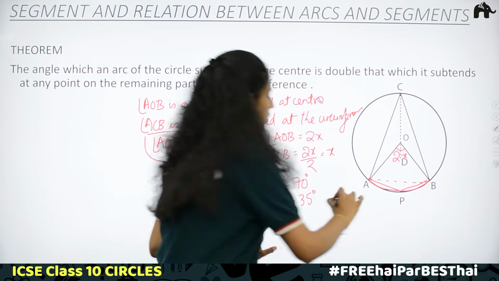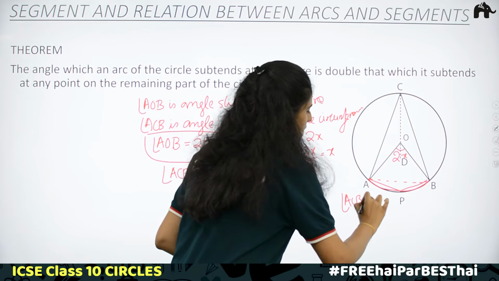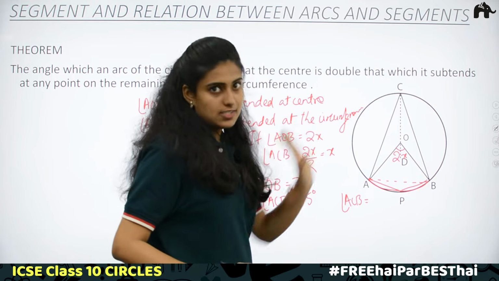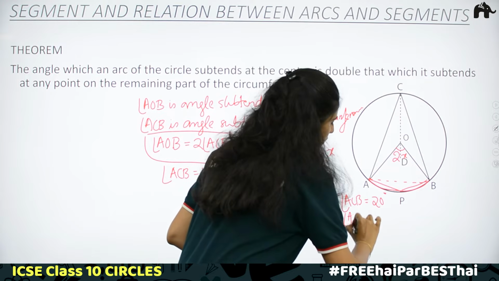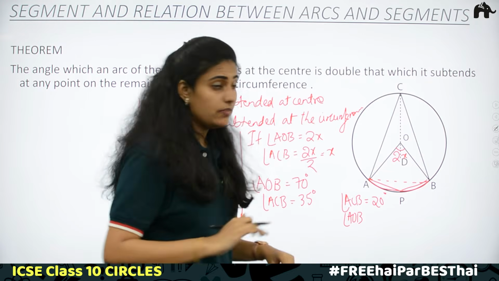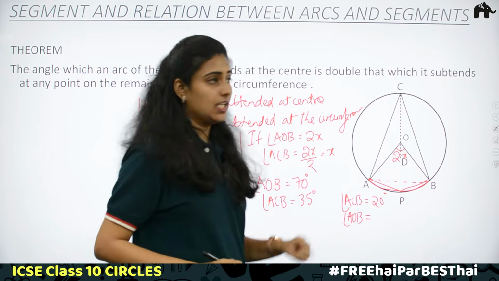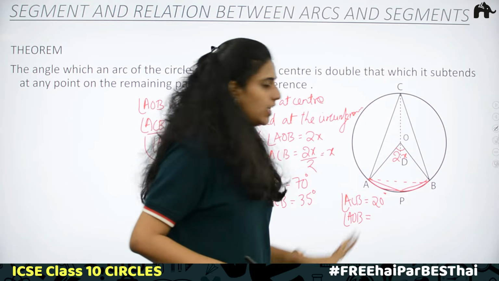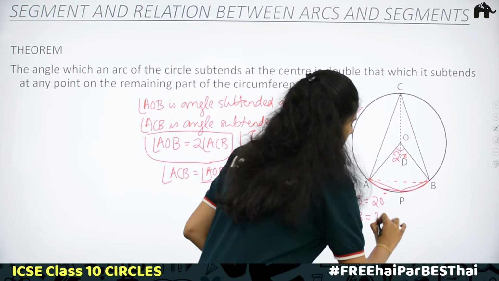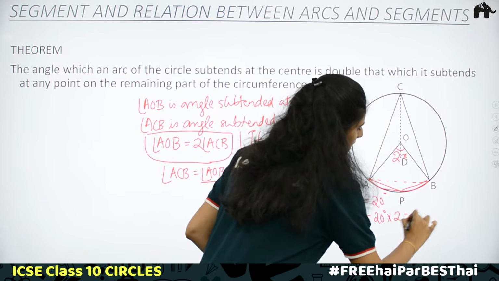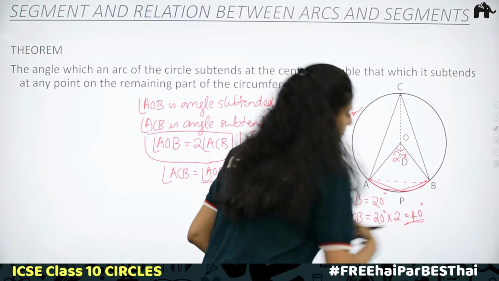If I give you angle ACB, an angle subtended on the circumference of the circle, equal to 20 degrees, what is the measure of AOB? AOB will be 2 times ACB. If ACB is 20 degrees, then AOB will be 20 degrees into 2, which is 40 degrees.